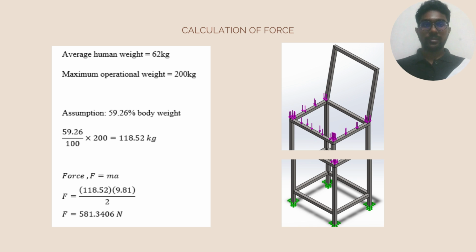So the force can be calculated by using the formula F equals ma, where m is the mass, which is 118.52 kilograms, and acceleration is 9.81 meter per second squared. In that case, we will get the force as 581.3406 Newton.